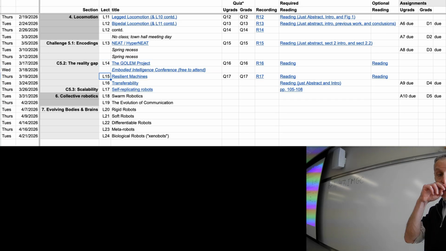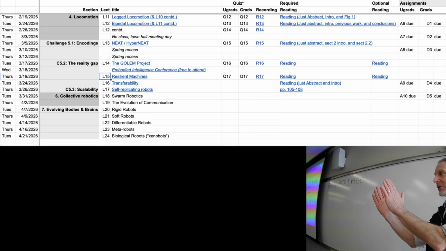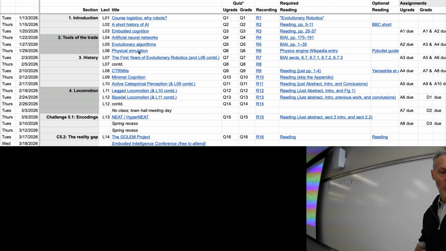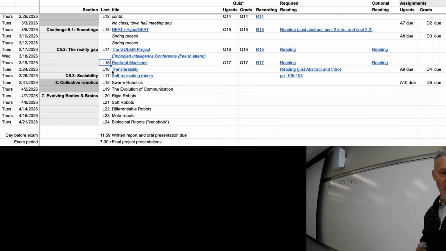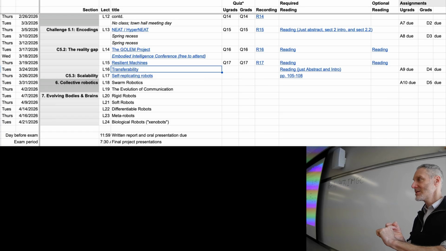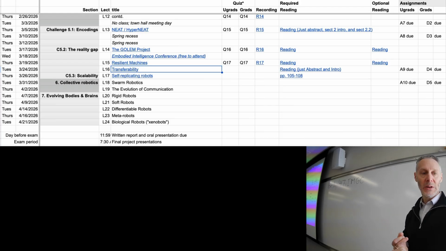We finished our discussion of the Resilient Machines project last time, which is an attempt to evolve simulators to be closer and closer and closer to reality, to narrow the gap. And then today, we are going to conclude our discussion of the Transferability project. The intuition here is to evolve controllers in simulation to produce the behavior you want and to be transferable, that are crossable from simulation to reality.